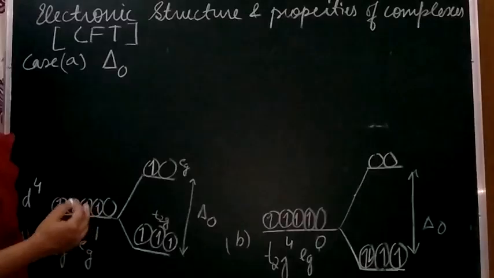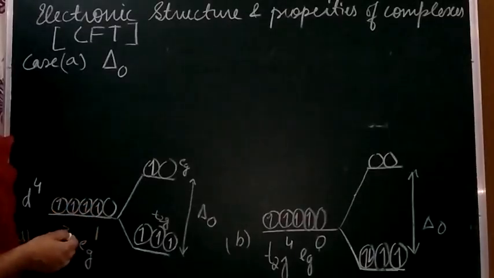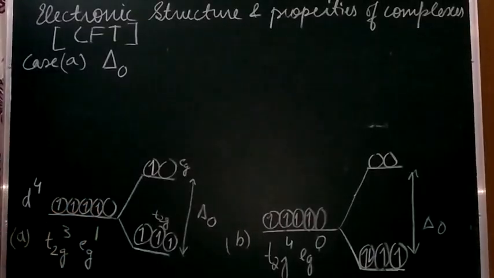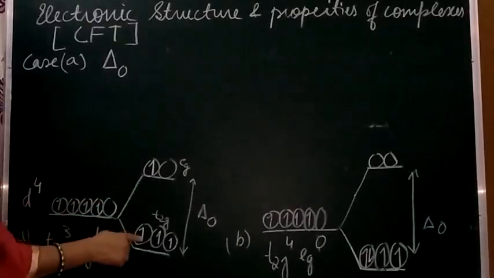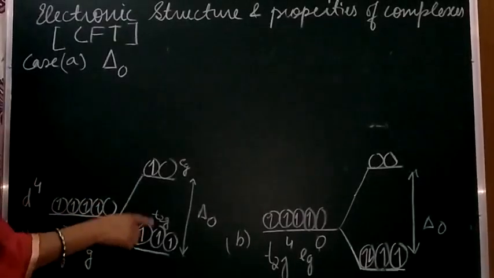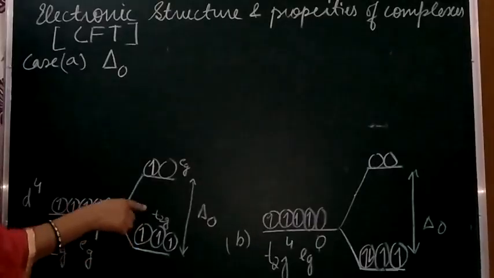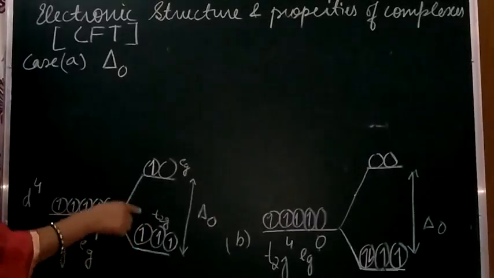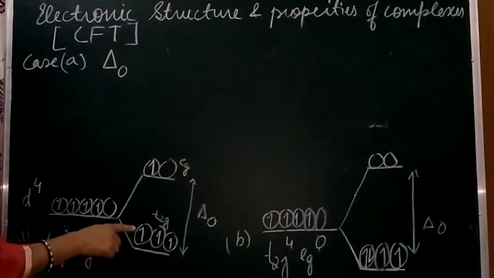Energy is required to get the electron paired up in a particular orbital, and that energy is called pairing energy.